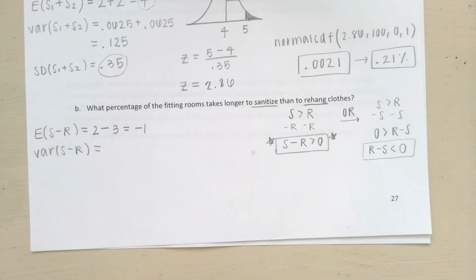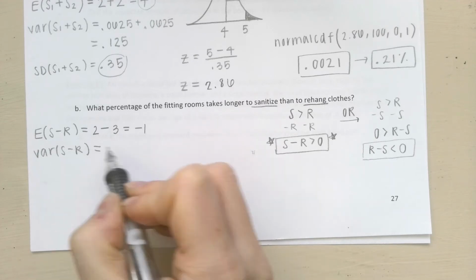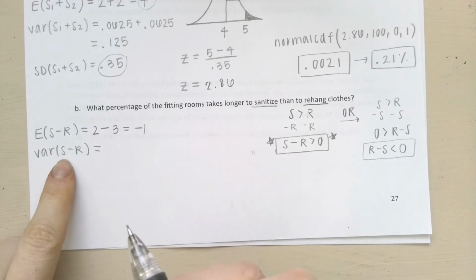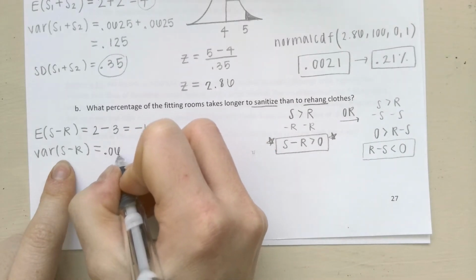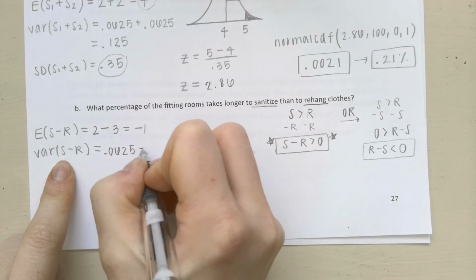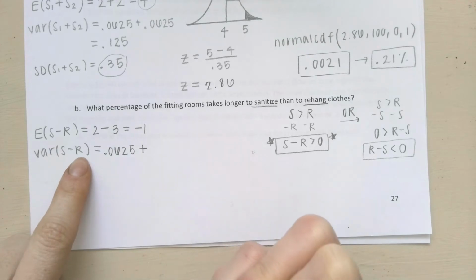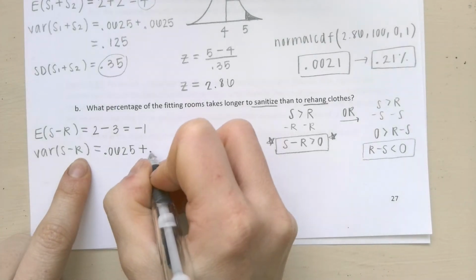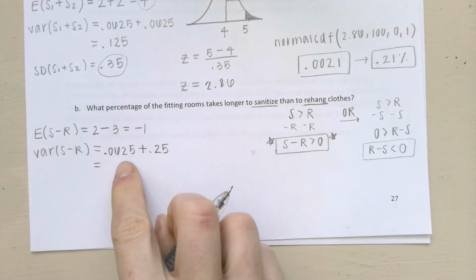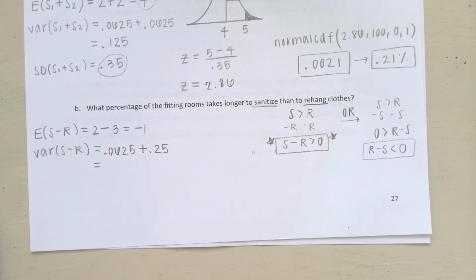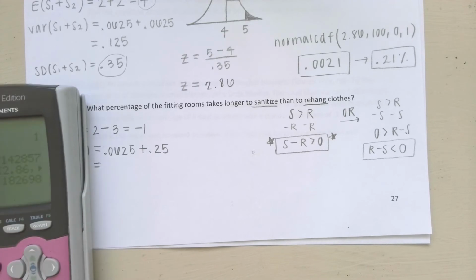Remember that variances are tricky. Even when we're subtracting, we always add. So I'm going to take my variance for sanitizing, which was 0.0625, add to the variance of rehanging, which is 0.25. I think that right there is kind of the hardest part, is remembering that your variances always add.